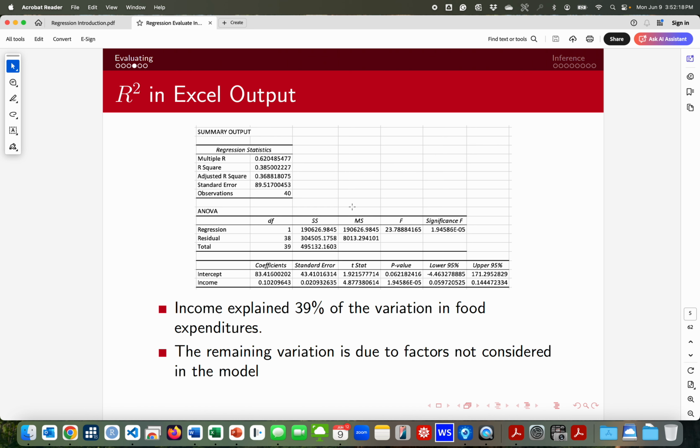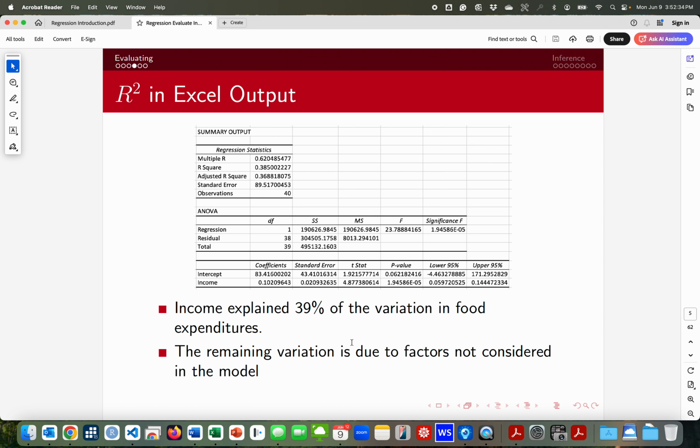All of those are variables that would explain food expenditure, but they're not in the model. So the variable income is the only thing we have included in the model. That explains 39% of the variation. That other 61% would be explained by other factors.